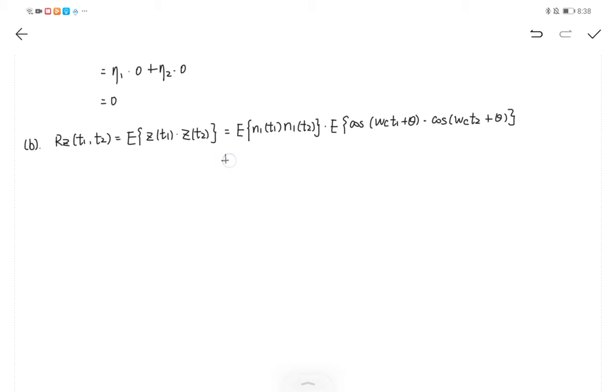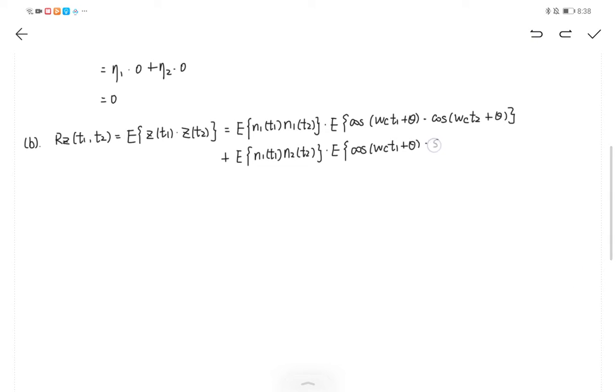And the second part is the expectation of N1(t1) N2(t2) multiplied by the expectation of cosine(omega_c t1 plus theta) multiplied by sine(omega_c t2 plus theta).